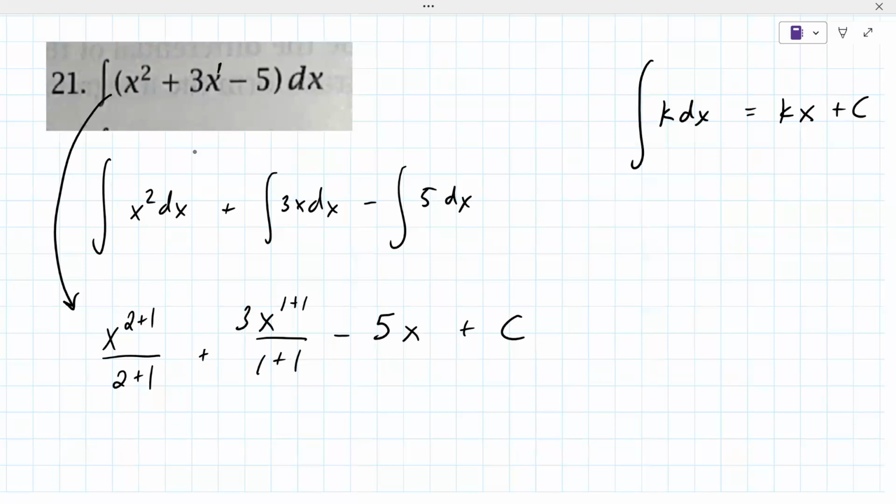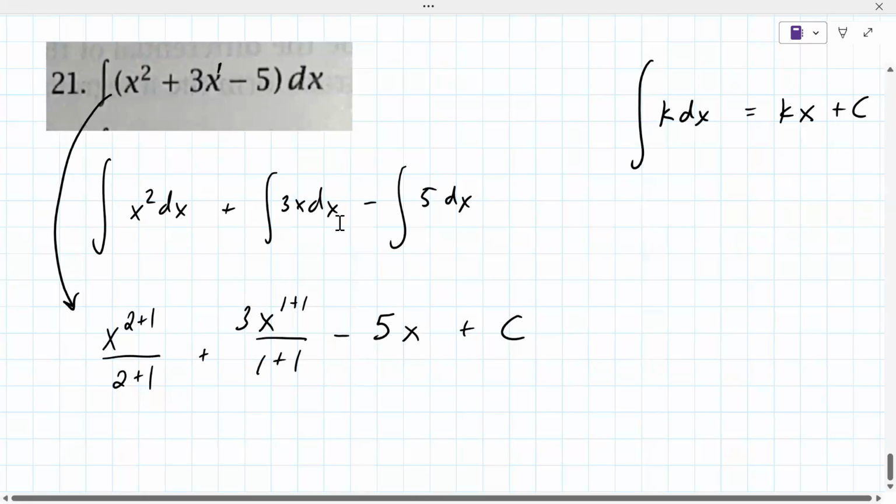So basically just breaking it apart and then combining it back together if you want. I don't recommend doing this, but they might be teaching that way. I would just go straight to using the rules we talked about, plus c.